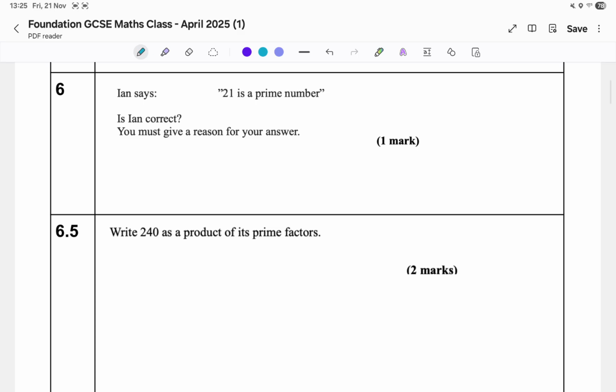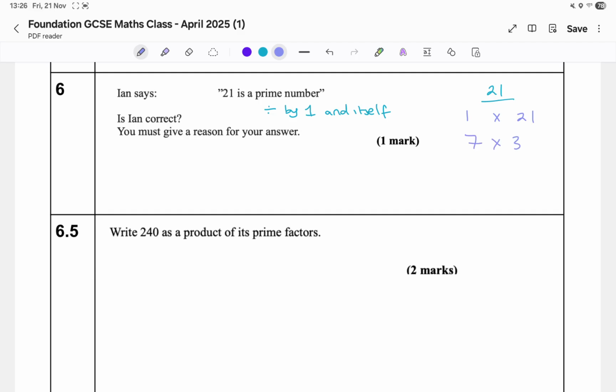Ian says 21 is a prime number. Is Ian correct? So again, this is a proof question. A prime number is a number that can only be divided by 1 and itself. So let's look at the factors of 21. Let's see what numbers times together to make 21. So I know 1 times 21. I also know 7 times 3 equals 21.